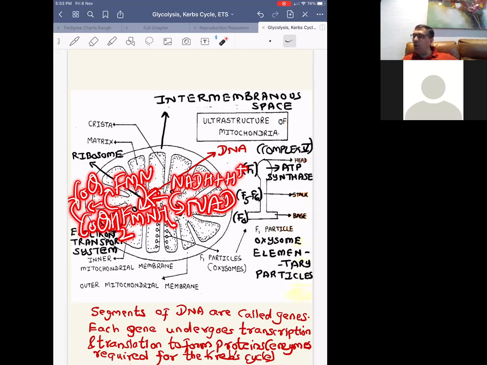So where has hydrogen gone from? NAD to FMN to coenzyme Q, and coenzyme Q has become coenzyme QH2. We did this last session.